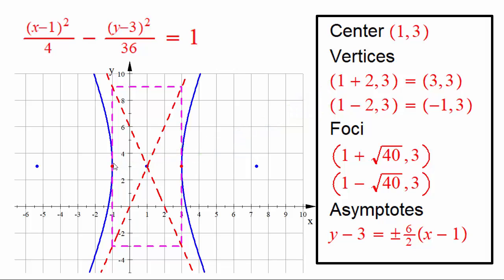And then the foci, remember we found c, which was square root 40. So 1 plus square root 40 and 1 minus square root 40, and y coordinate 3 will give you the other focus point. So we have two foci points that we have graphed here. We have asymptotes, and then remember your hyperbola is just going to hug the asymptotes, so get closer and closer to the asymptotes.